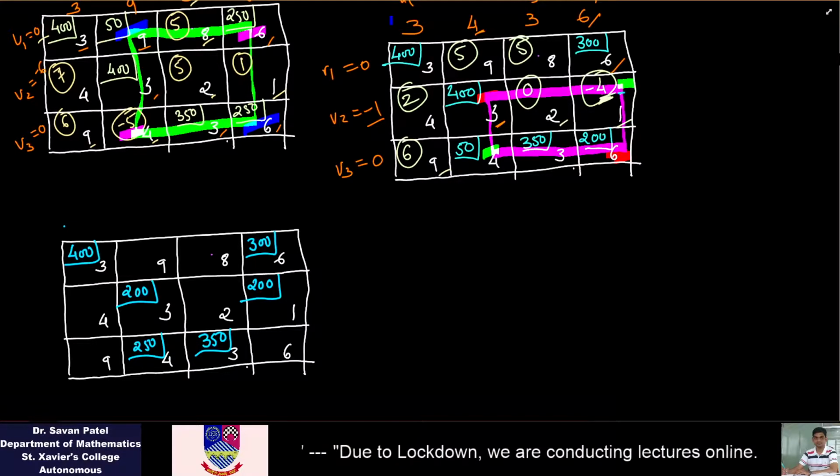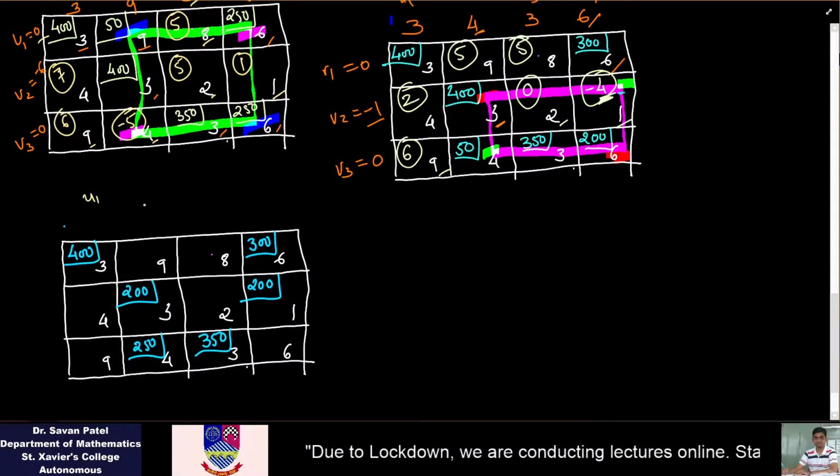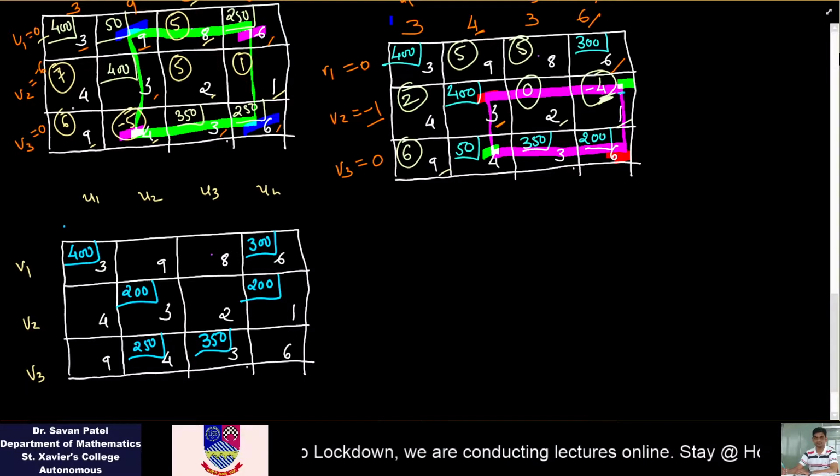Again, you have to think about the Ui's and Vj's. So U1, U2, U3, U4, V1, V2, and V3. Take any one to be 0, let U1 be 0. If U1 is 0, your V1 is equal to 3. If V1 is 3, to make this sum 6, here you have to take 3.